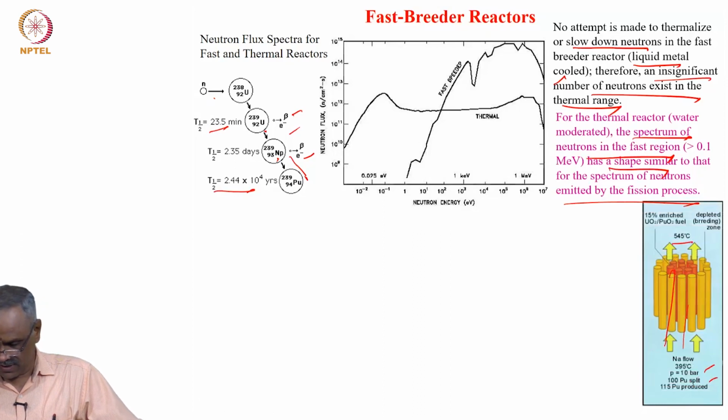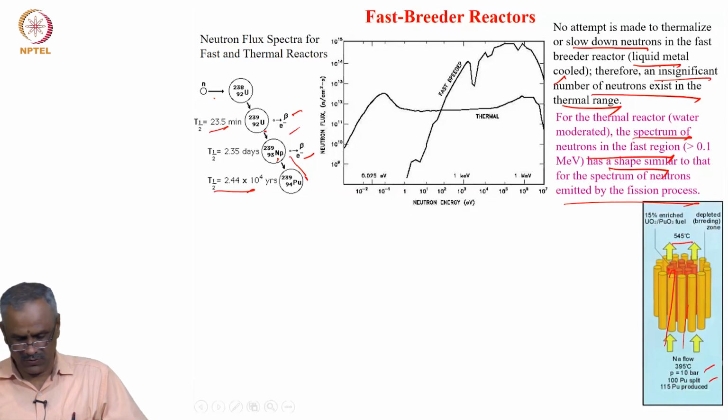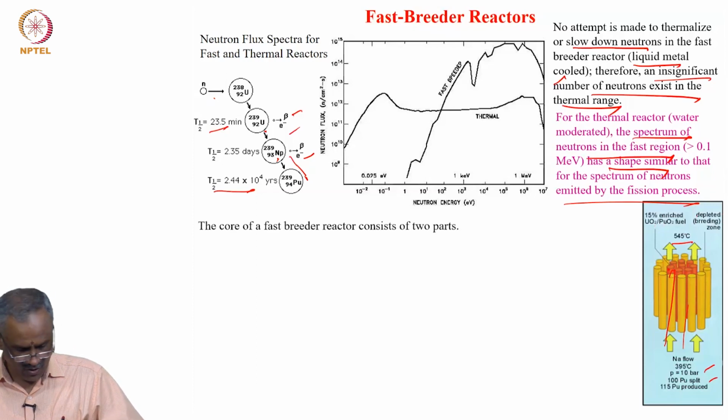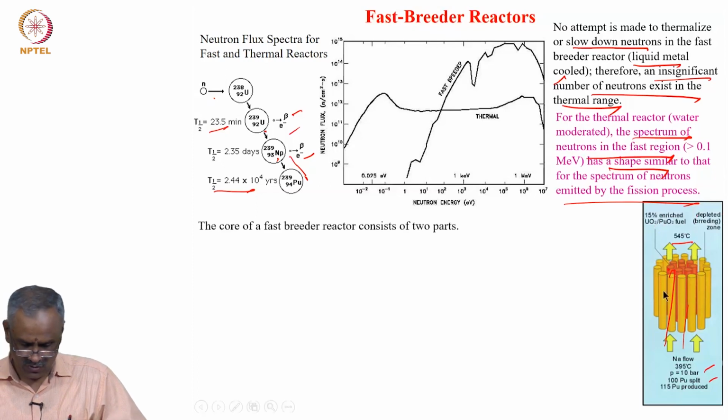and it comes out at 545 degrees Celsius. Here you have the fuel rods with 15% enrichment, either UO2 or PuO2, that is plutonium oxide fuel, and the outer ones are of course depleted over a period of time. So, the core of a fast breeder reactor consists of two parts.